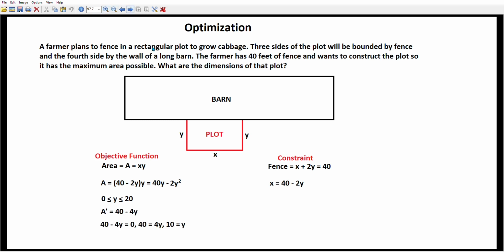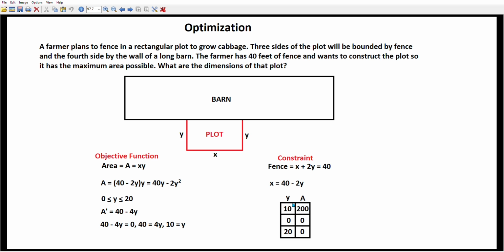You look first for critical points, and the derivative of 40y minus 2y squared is 40 minus 4y. We set that equal to 0, get 40 equals 4y, or 10 equals y, and that's our unique critical point. Our endpoints are 0 and 20, so we're just going to check our function A at those points.